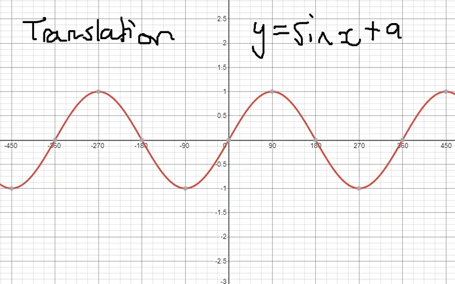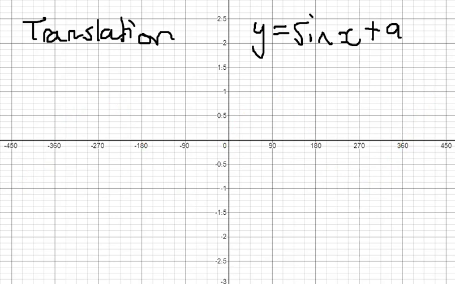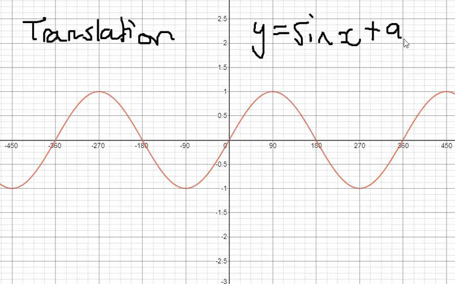So let's get rid of that. Back to normal, but this time what I'm going to do is I'm going to add the amount inside the x. So this time, instead of doing sine of x then adding a number, I'm going to do x plus the number and then sine of x.